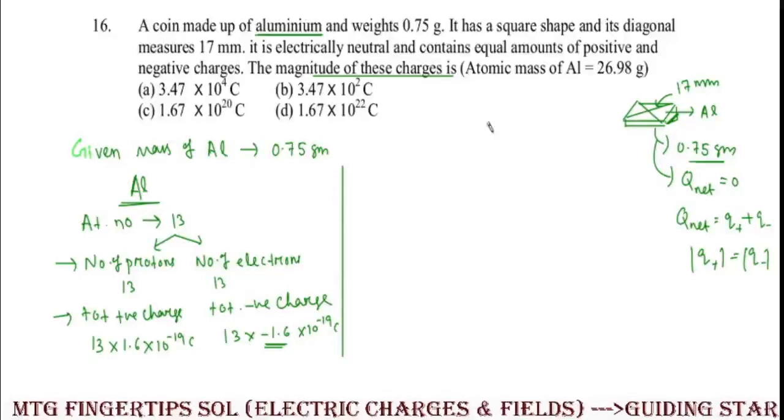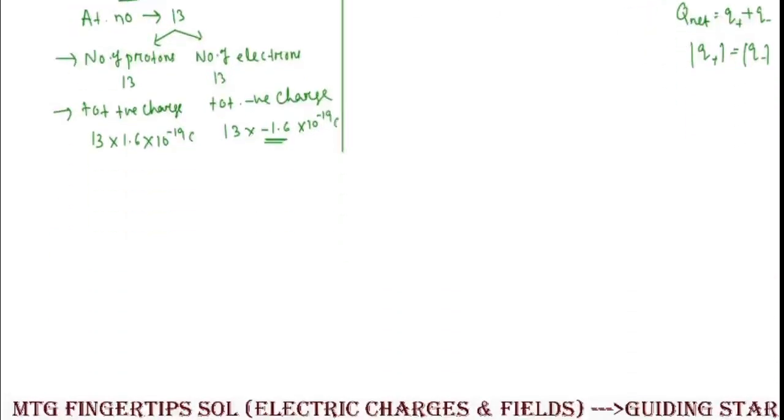So a single aluminum atom possesses plus or minus 13 into 1.6 into 10 to the power minus 19 coulombs of either positive charge or negative charge.